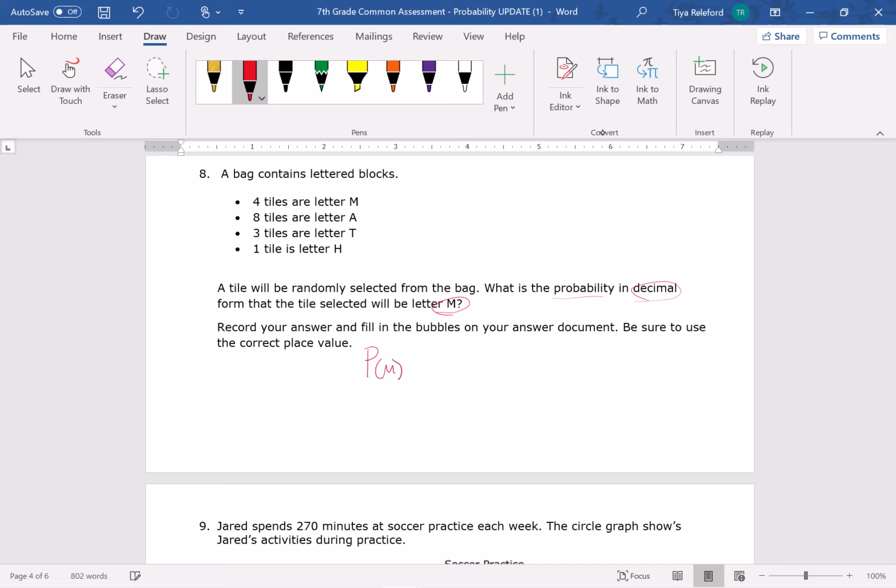Probability of letter M. How many M's do you have? 4. And your total, you're going to get by adding 4 plus 8 plus 3 plus 1, which is 16.